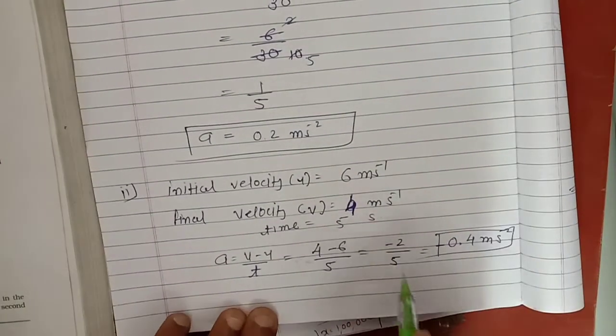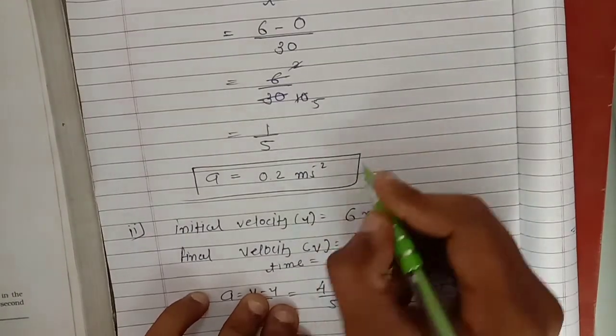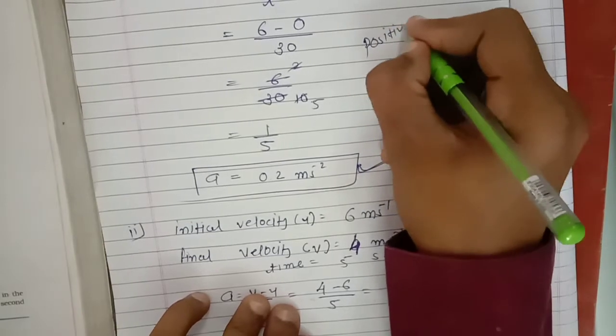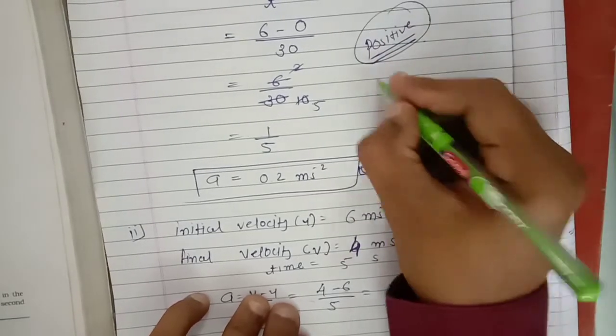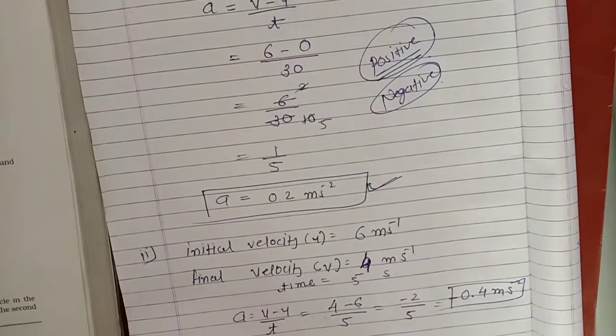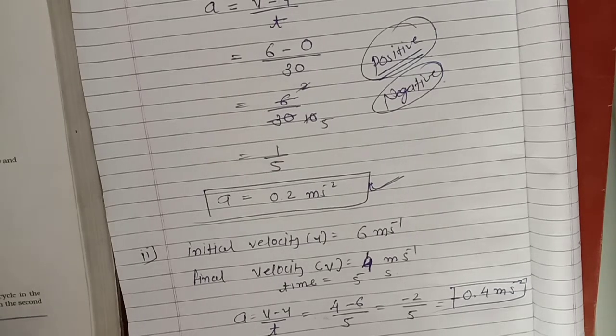Here we discussed two cases. In the first case, positive acceleration, and in the second case, negative acceleration. Clear? When do we get positive acceleration and when do we get negative acceleration?